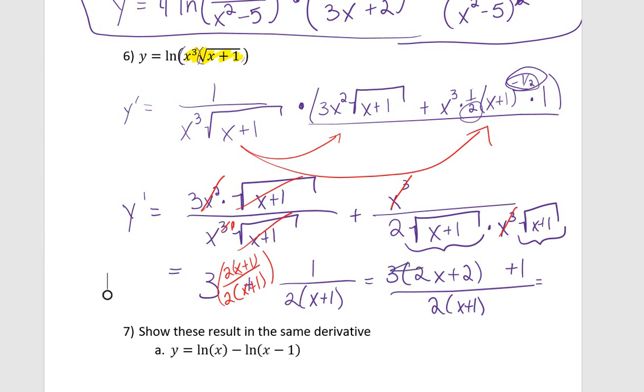So what we should end up with on the top, whoops, is that should simplify out to 6x plus 7 divided by 2 times x plus 1.